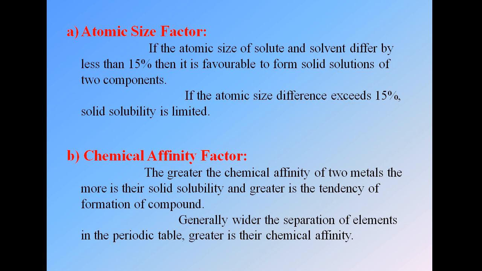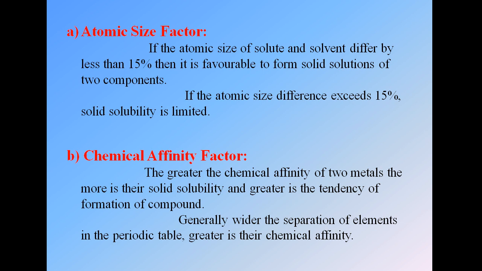If the difference in their placing is more, the attraction is more, the affinity is more, the solubility is more, and the formation of solutions is more. If the difference in their placing is less, the attraction is less, the affinity is less, the solubility is less, and the formation of solution is less.